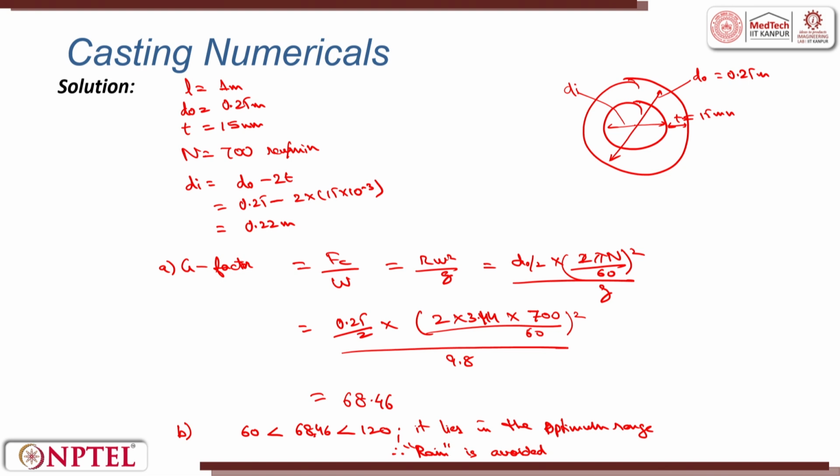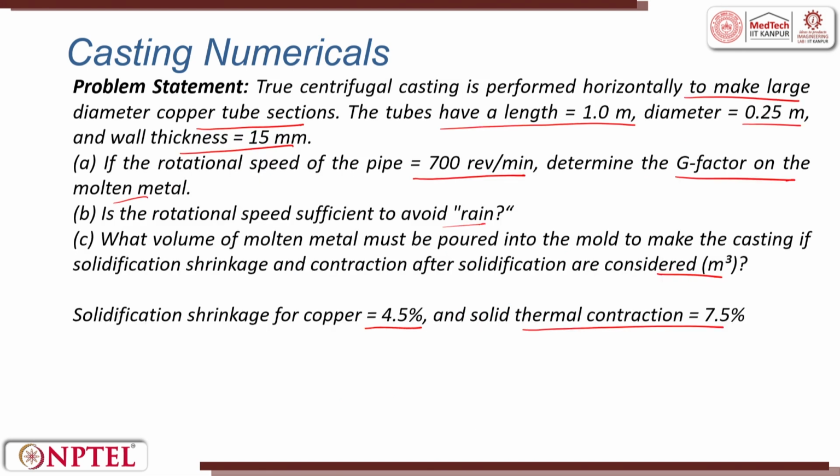It avoids defects caused by insufficient centrifugal force while preventing excessive force that might cause segregation or turbulence. Excessive force is not there. So that means it sticks to the walls properly and it will stay in the optimal range. Fine, G factor.